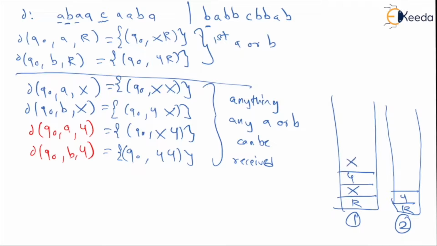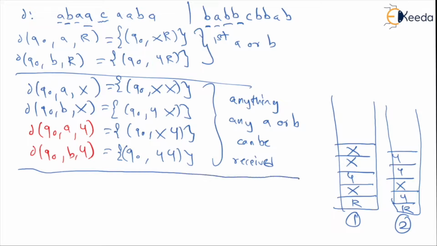Another A comes over here, I push X. Another A comes over here, I push X. So on and so forth till I get a C. Similarly for stack 2, I have A comes over here, I push X. B comes over here, I push Y. Another B comes over here, I push Y till I get the first C. Till here my pushing operation is sorted.